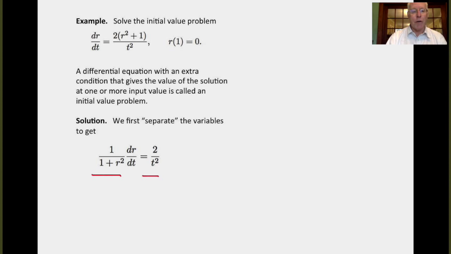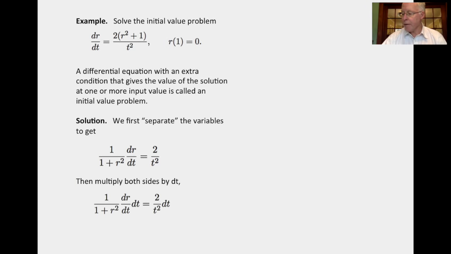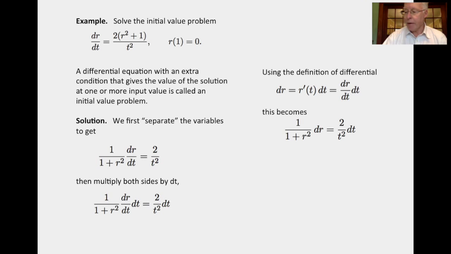We'll take care of the dr/dt in just a moment. Now, formally, our next step is to multiply both sides by dt. This introduces a dt on both the left and the right, as you see. And in the process, we use the definition of the differential. Back in chapter 4, we studied differentials, and they were defined as follows.